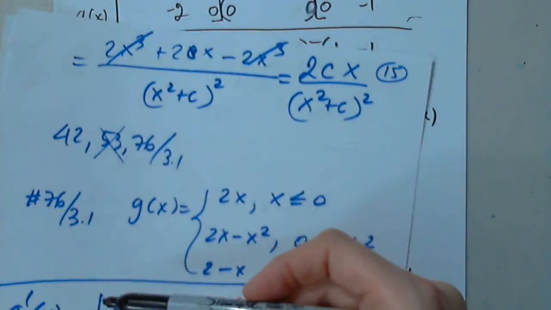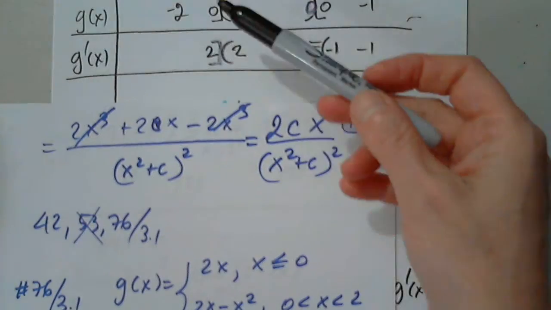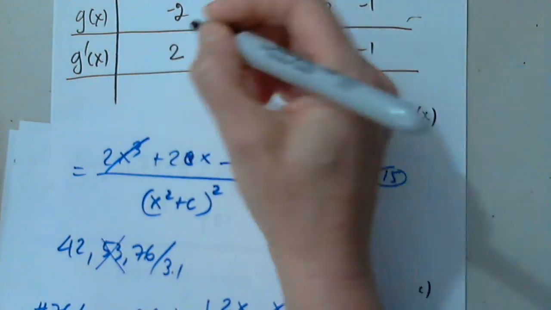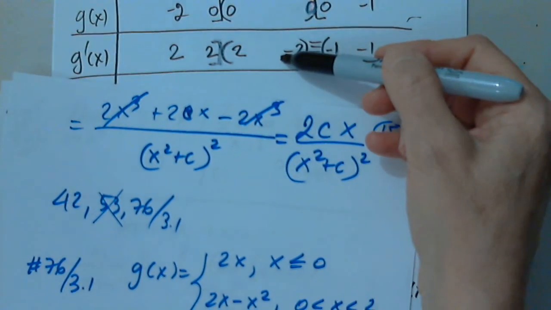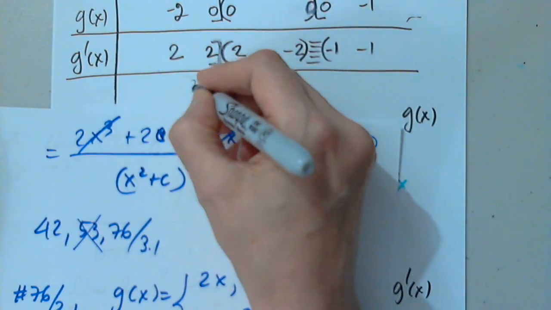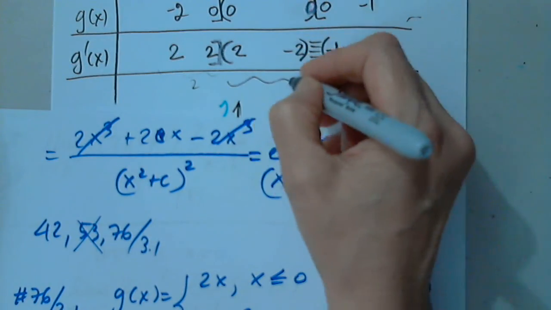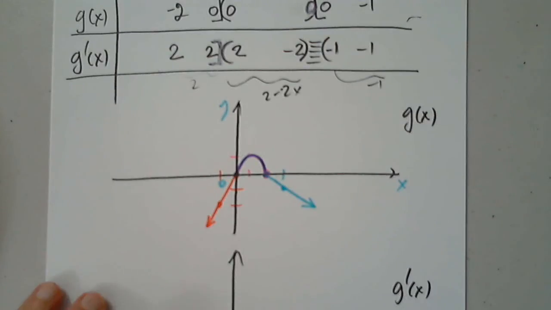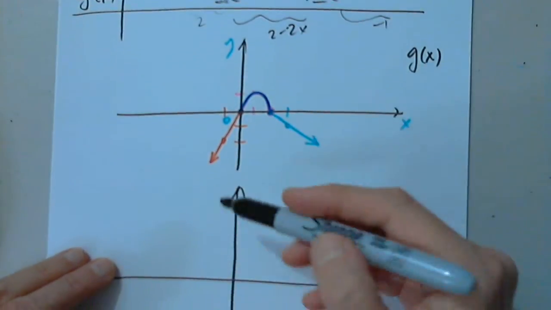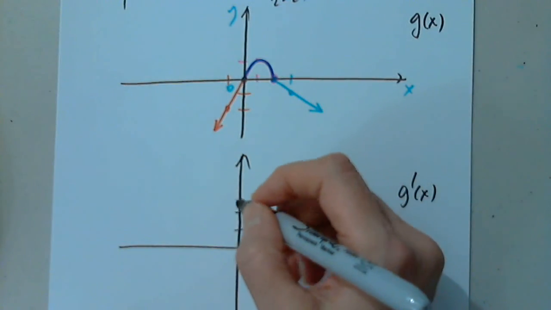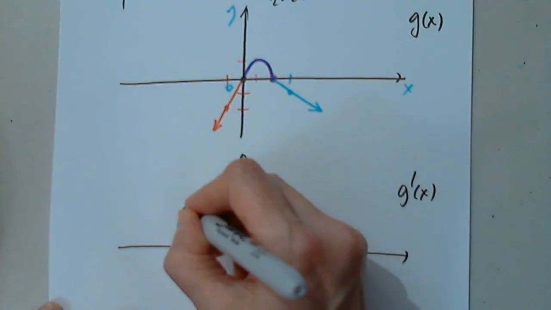It's 2, of course. And here I have 2 minus 2x. So for this piece is 2, for this piece is -1, and for this piece is 2 minus 2x. Okay, perfect. So the slope is 2, so it's this.